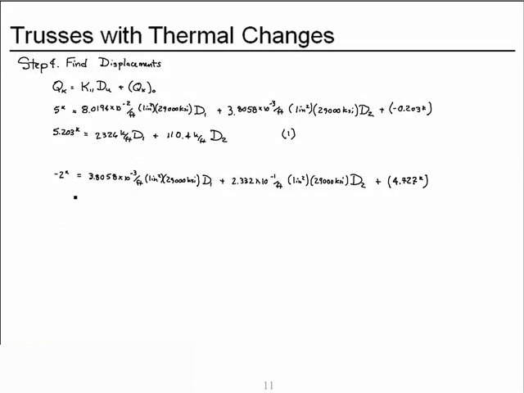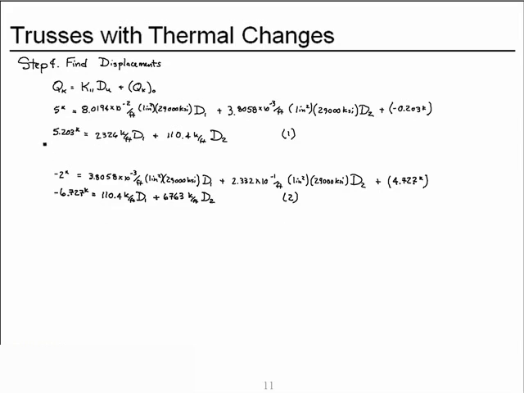If we take this, move it to the other side, and combine it, we get a minus 6.727 kips equals, we put these together, 110.4 kips per foot times unknown displacement d1, plus we put these together and obtain 6763 kips per foot times displacement d2. This is our second equation.